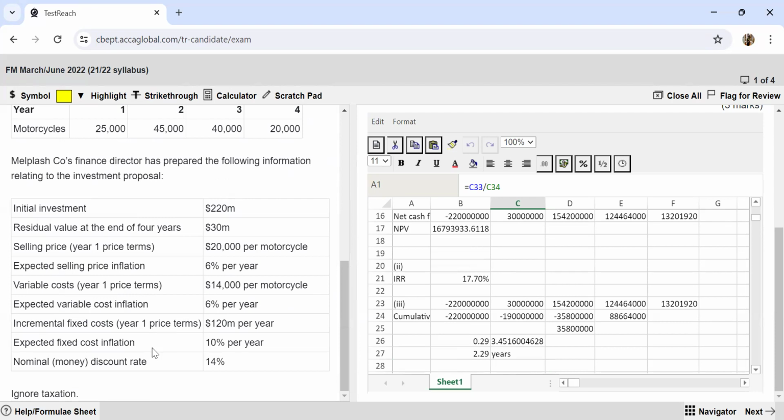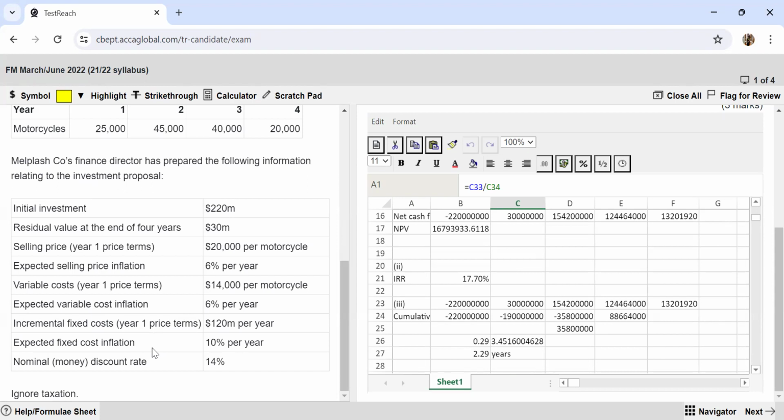Then the payback period, which we calculated third. You first talk about what payback does. It tells you the time period the project will take for you to recover your initial investment. Here, the time in which we get our initial money back is more than 2 years, 2.3 years.